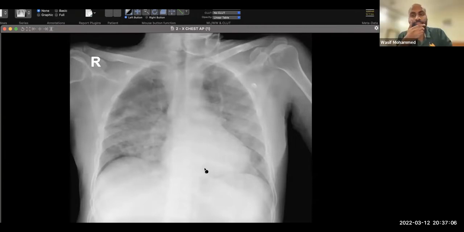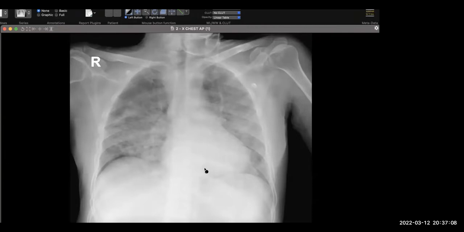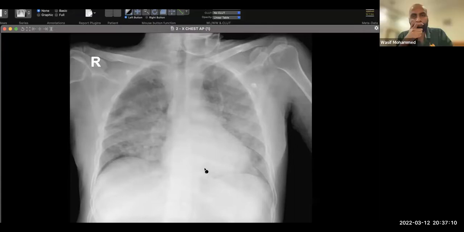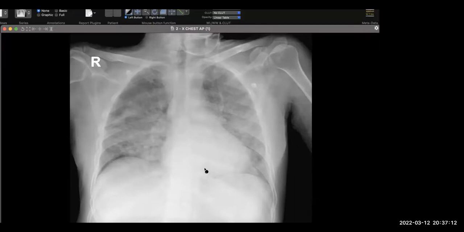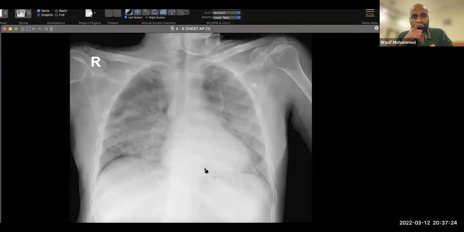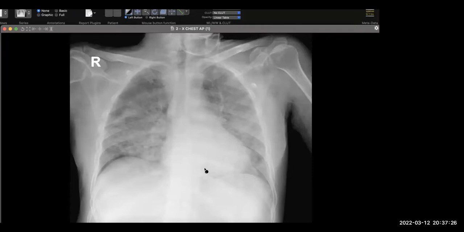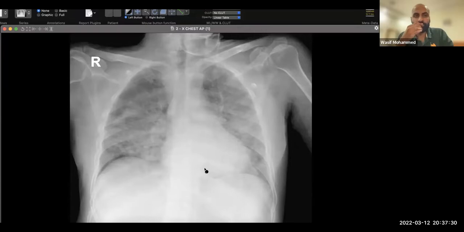Okay. So I'm looking at the frontal chest radiograph of a skeletally mature patient. I can see that there is a diffuse airspace opacification that is predominantly noted along the central and the central perihilar regions. There is blunting along the right and the left cardiophrenic angles.